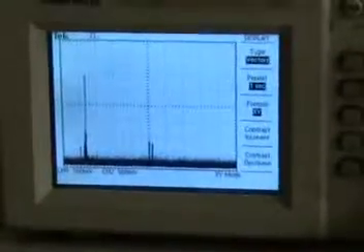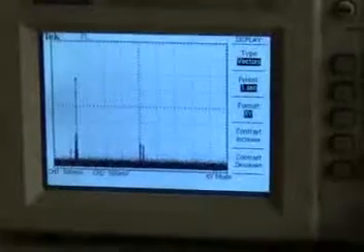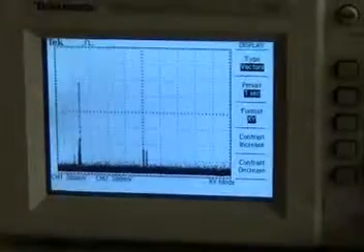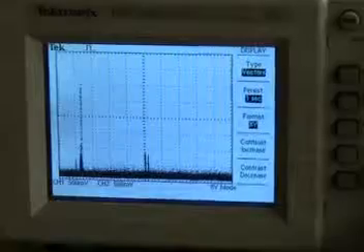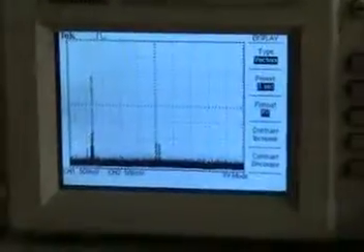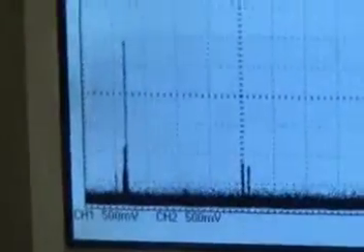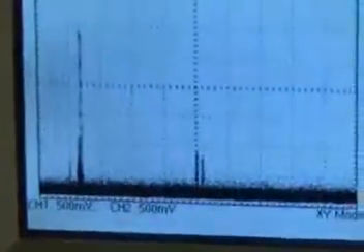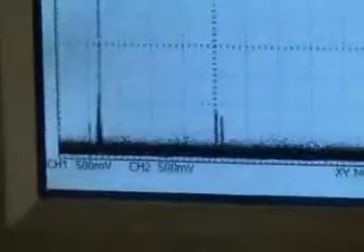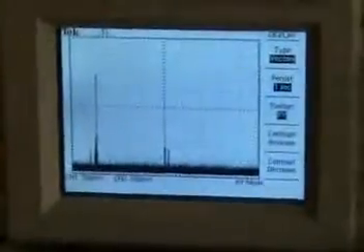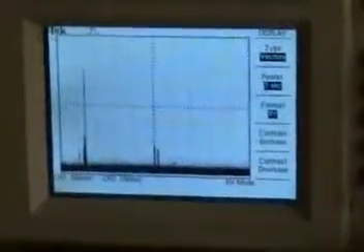The sensitivity of the spectrum analyzer is around minus 90 dBm. So any signal below minus 90 dBm, say minus 91 or minus 92, it will not be able to detect, because the power scale goes negative below 0 dBm.